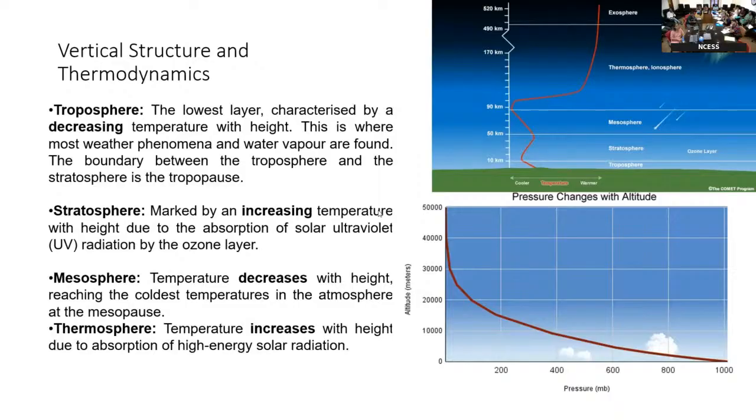Next is the mesosphere. Here the temperature decreases with height, up to about 80 kilometers. Above that is the thermosphere, where again the temperature increases with height. We can see that profile there, and also the pressure.